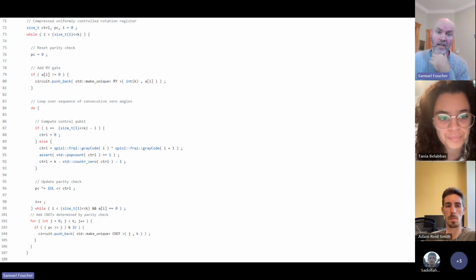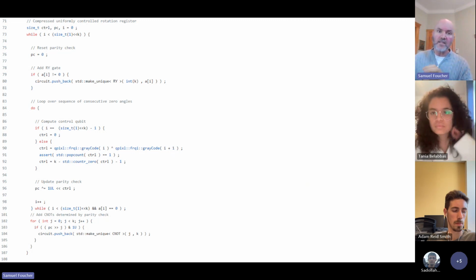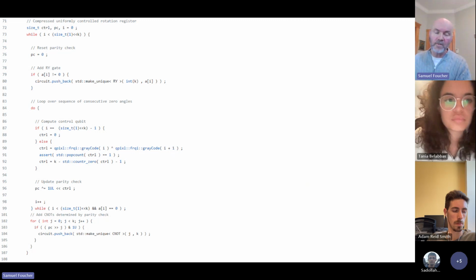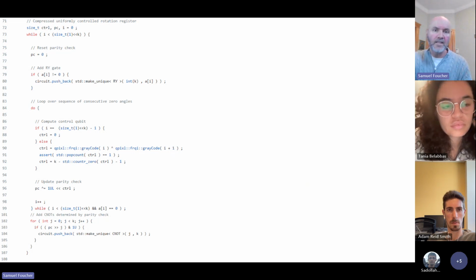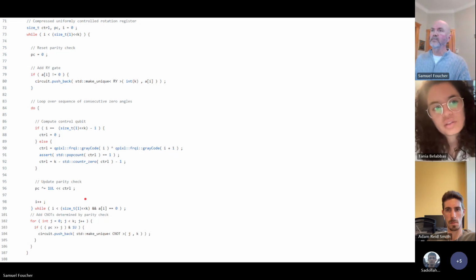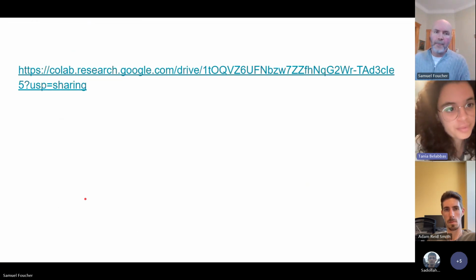Otherwise, it could be very tedious to build the circuit, right? Because you have to put your control gates on and off, put your CNOTs on multiple levels, and put your rotations. So basically what you have to understand is the fast Hadamard transform is an efficient way to build your circuit. It's just that. Samuel? Yeah.